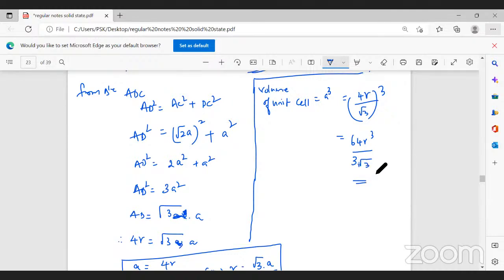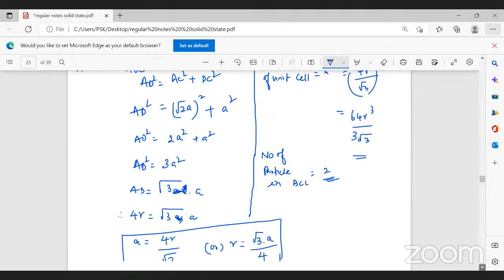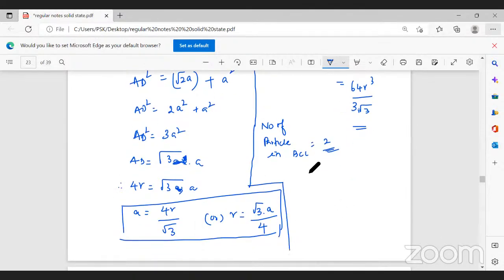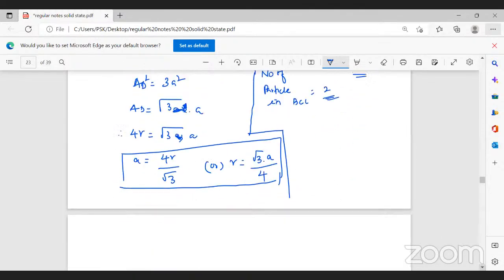Yes, sir. Now, what will be the number of particles in BCC, body centered cubic lattice? In face centered, it was 4. In simple cubic lattice, contribution is 1. In body centered, I told you it is 2. Now tell me, how do I find the packing efficiency?